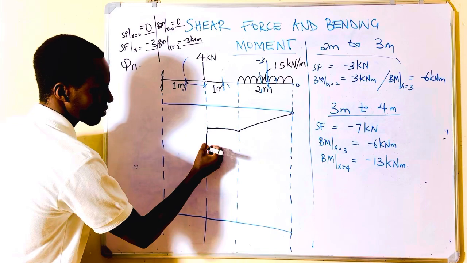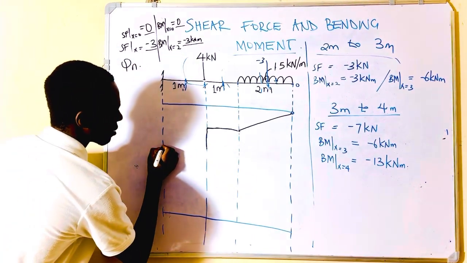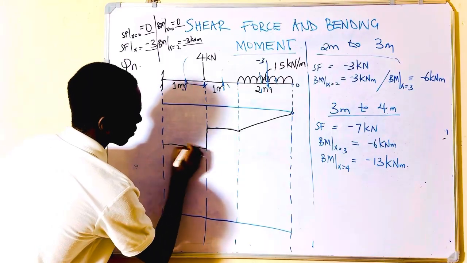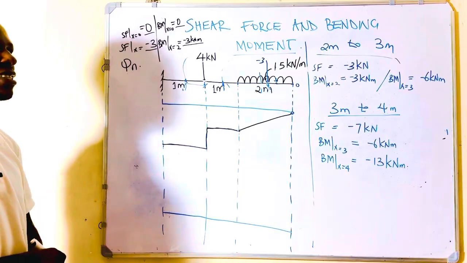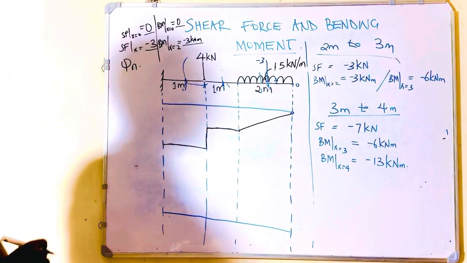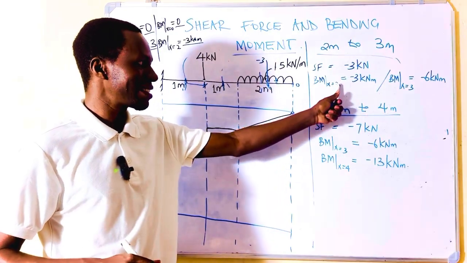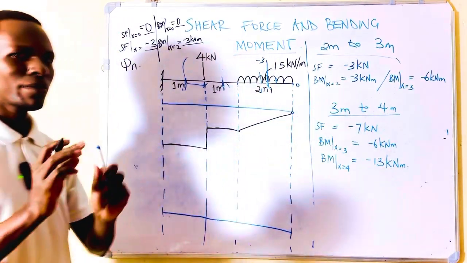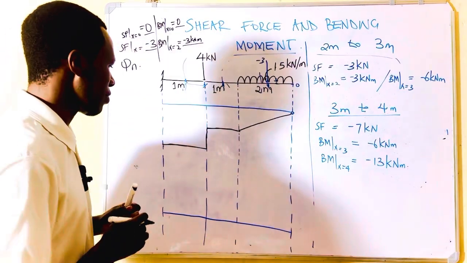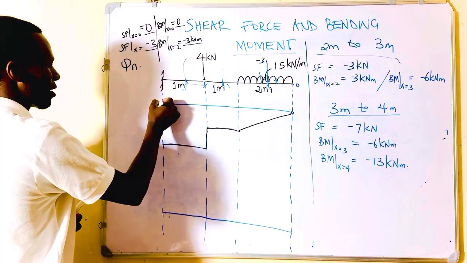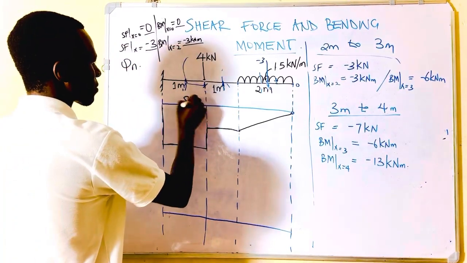It went down, then it remained constant at 7 kilonewton. That's what you're supposed to take note of. It did not remain constant at this point. From this point, it went down within that same span, to minus 7 kilonewton. So make sure that is corrected in your mind. This is what we are calling a shear force diagram, SFD.